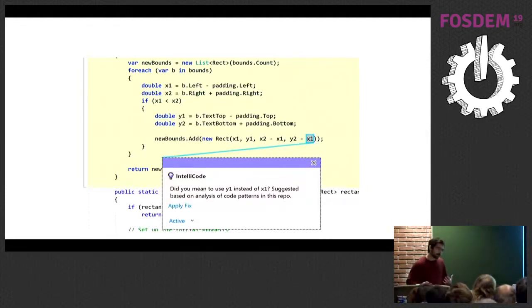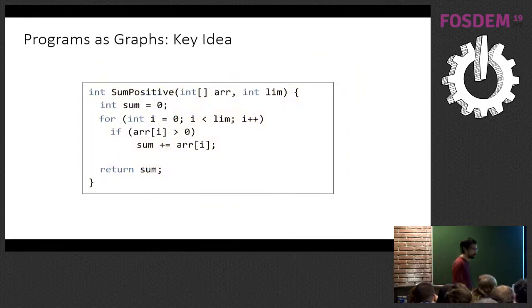So now I want to go slightly deeper into the machine learning aspects of things. The question is, how do we attack this problem? If you look at this simple snippet of code, the first approach that research took is, let's treat this as a natural language.